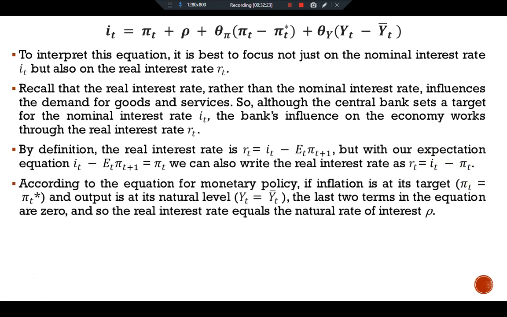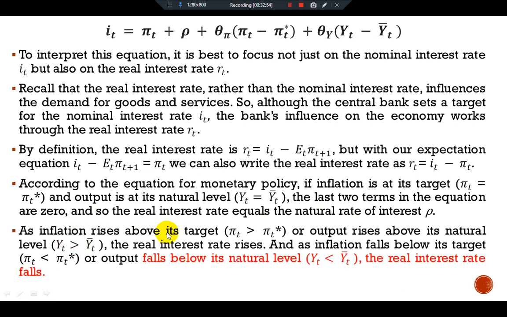According to the equation for monetary policy, if inflation is at its target, pi_t equals pi_t star, and output is at its natural level, Y_t equals Y-bar_t, the last two terms in the equation are 0, and so the real interest rate equals the natural rate of interest, that is rho.